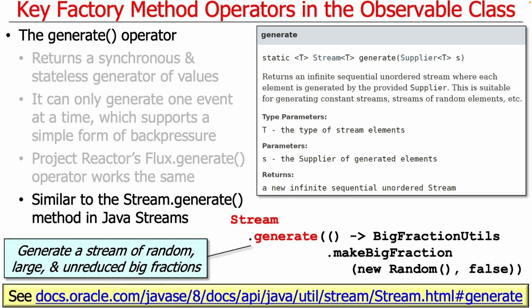So generate will just generate stuff forever until you tell it to stop. I guess the main difference from the RxJava version is that the generator can actually decide when to shut things down. You don't have to limit the amount of values. In contrast, the streams generate will just keep going forever, and you have to limit it through some other means, like using the limit method.